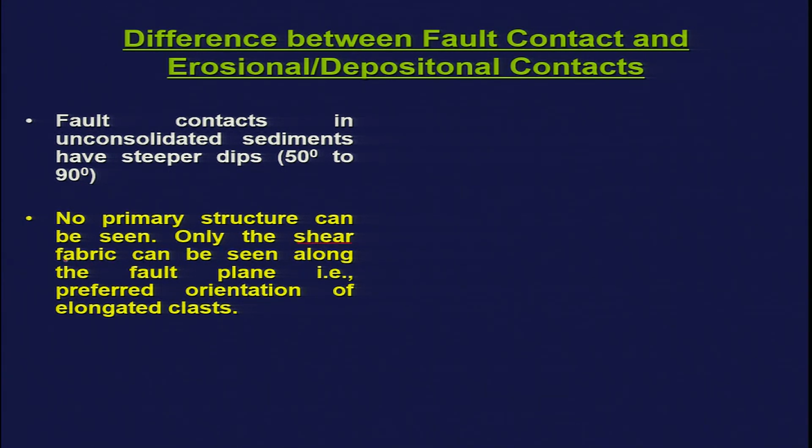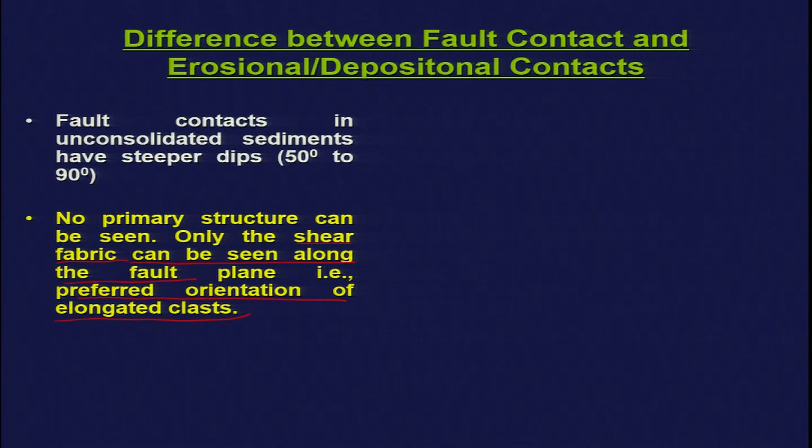That is what I was explaining in the previous slide, and in one of the previous lectures I talked about how we can see a shear fabric along your fault plane, and that can be identified based on the preferred orientation of elongated clasts. Okay.